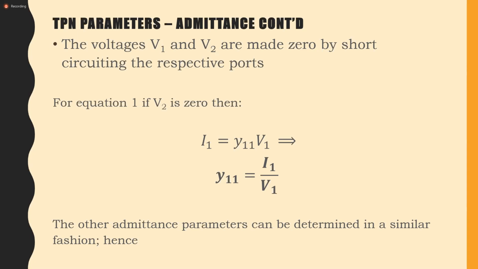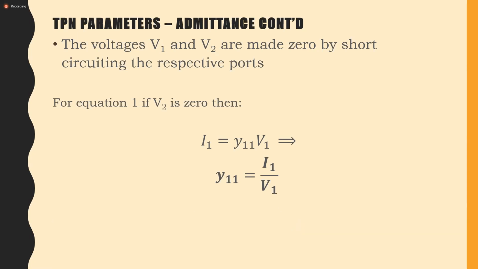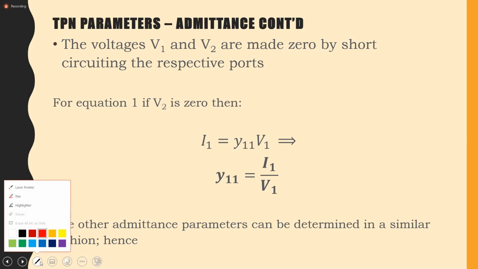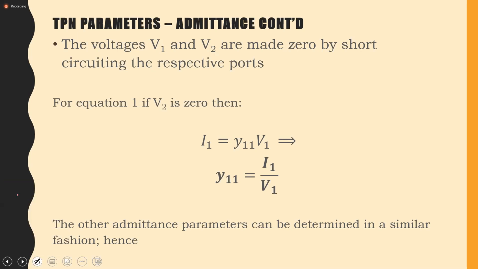Now, let us just note that Y11, or should I say Y, is an admittance. And we know that admittance, Y, is equal to the reciprocal of impedance.